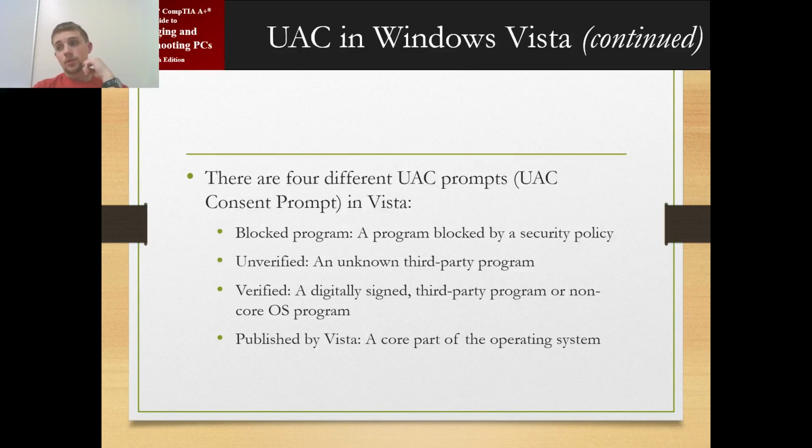Basically, most programs that are downloaded from the internet that are developed by third-party companies, like really, really new programs that haven't been verified by Microsoft yet. Then there's verified, which are most programs. And then published by Vista is just programs developed by Microsoft themselves.